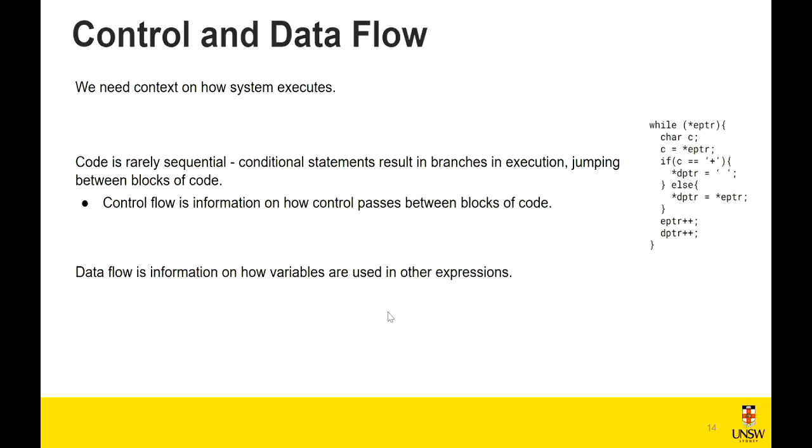That course is a mixture of undergraduate and postgraduate, so in that course you will be learning about data flow analysis. But in this course, we will mainly discuss control flow analysis, and we will cover a little bit of data flow analysis.